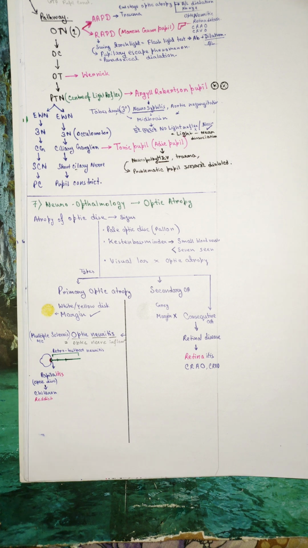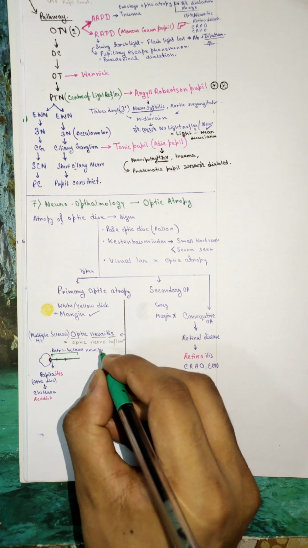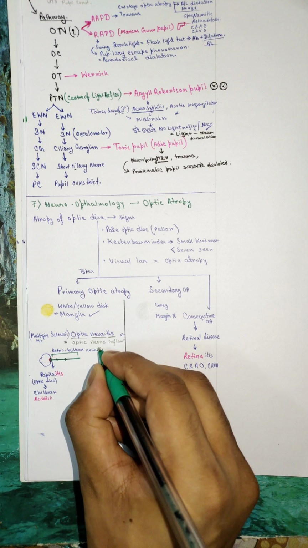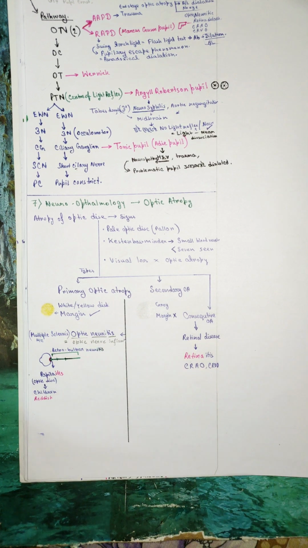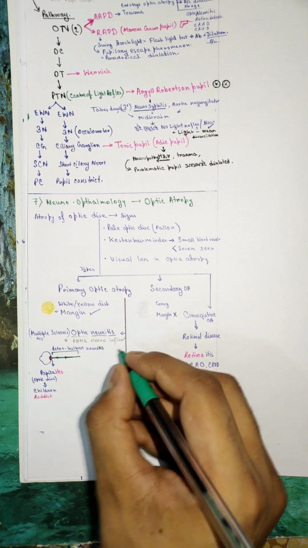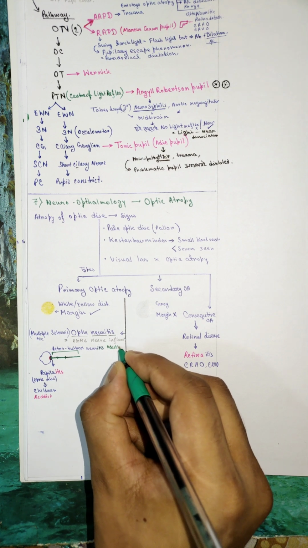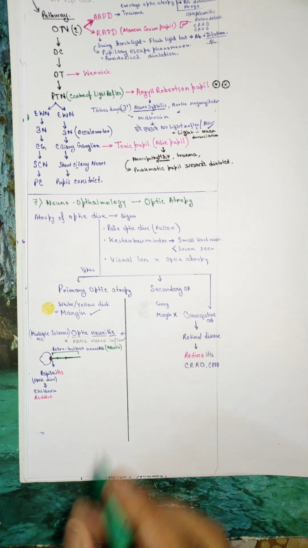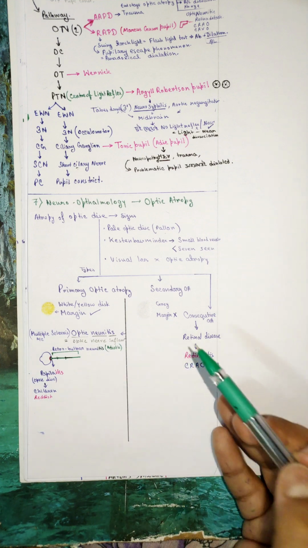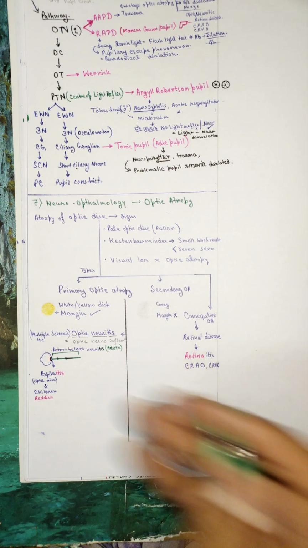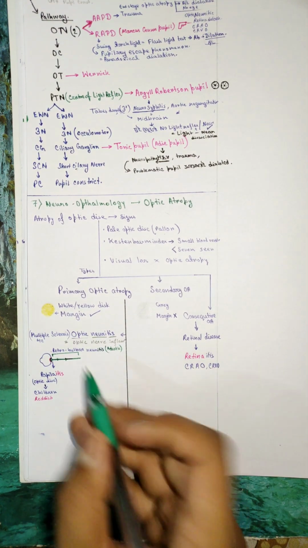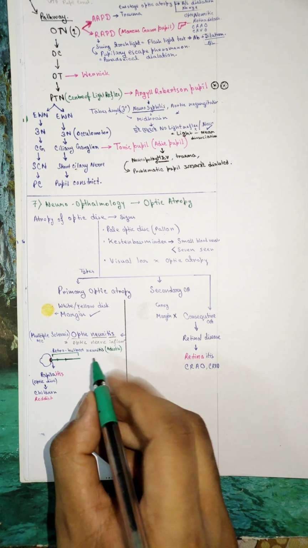Okay. What will happen here? Vision will be lost. It happens in children. It will happen in adults. And the thing will be that the doctor can't see and the patient can't see. Why? The patient cannot see because obviously the vision is lost.